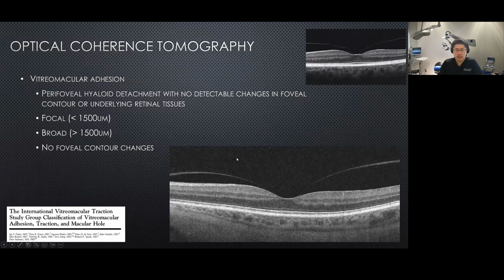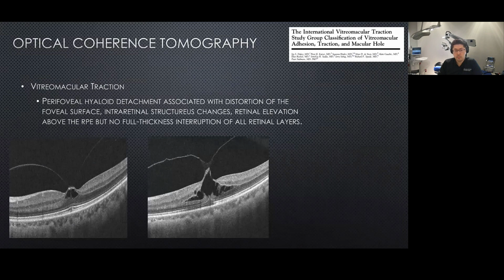For any vitreomacular adhesion, we define it by the width of its attachment, either focal or broad, which is more than 1500 microns. The red arrow shows the reflection of the posterior hyaloid with attachment to the fovea with preserved foveal depression.